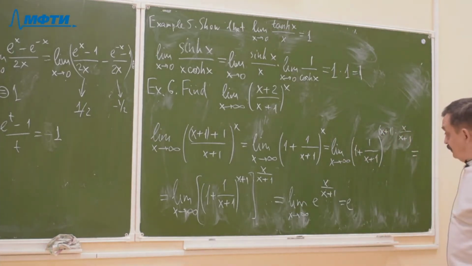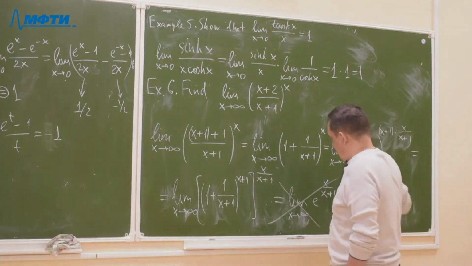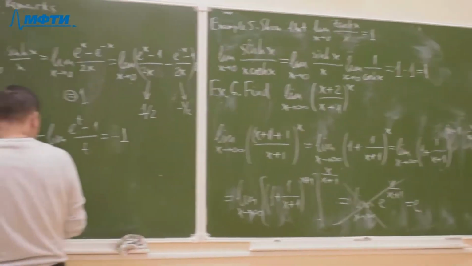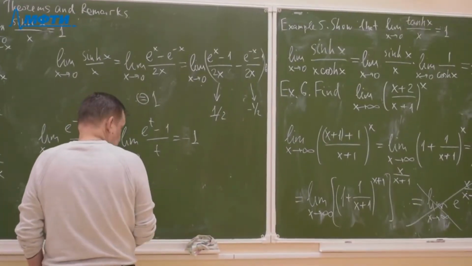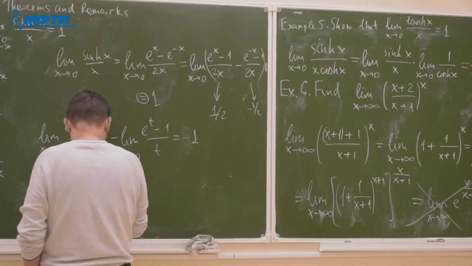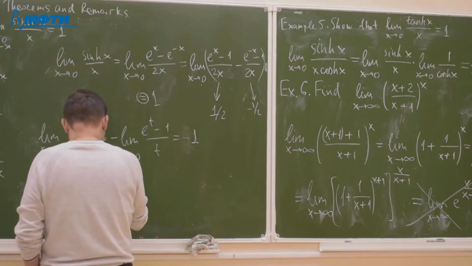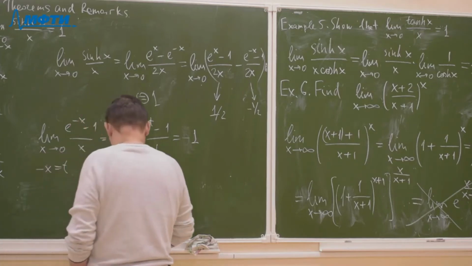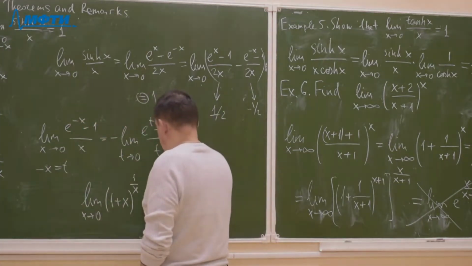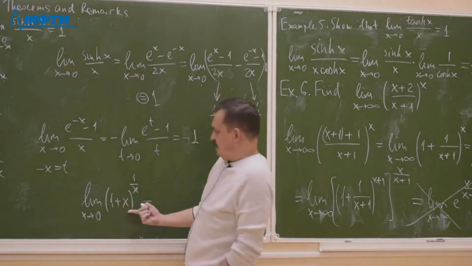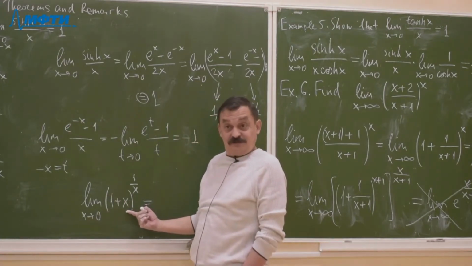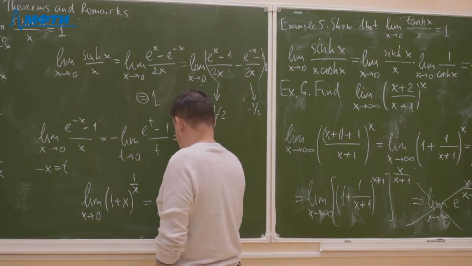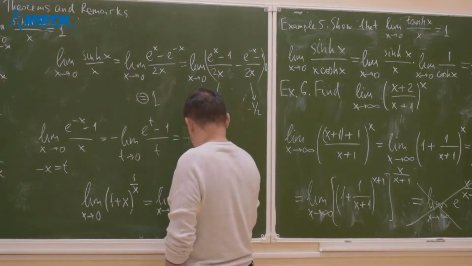Why never write it like that? Because why can I not write the limit as x tends to 0 of (1 plus x) to the power 1 over x in the same way: take the limit in the brackets first, that is 1.